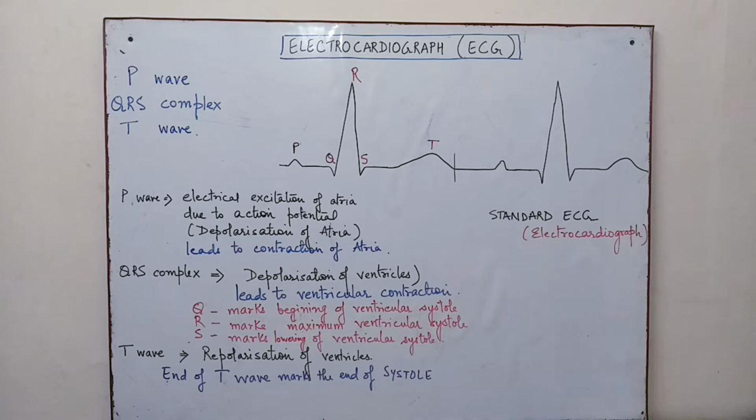So SAN is towards the right side, therefore the right wrist, and the action potential then travels from SAN to AVN, that is towards the ventricles, and the ventricles are towards the left hand side slightly. So that is left foot we have taken, which acts as a positive pole.